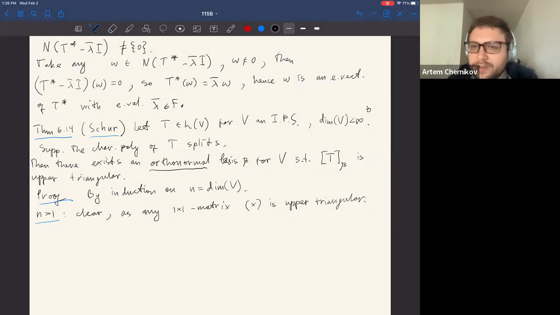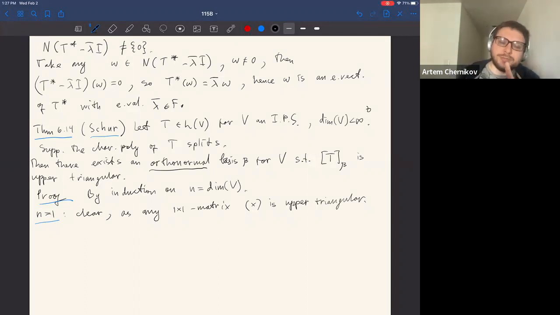Doesn't f of T splits imply T is diagonalizable? No, of course not. That's the whole point. I said that we have the converse implication: T diagonalizable implies that f of T splits, but the converse is not true. It's very important, it's not if and only if. Maybe I'll give you a counterexample later.